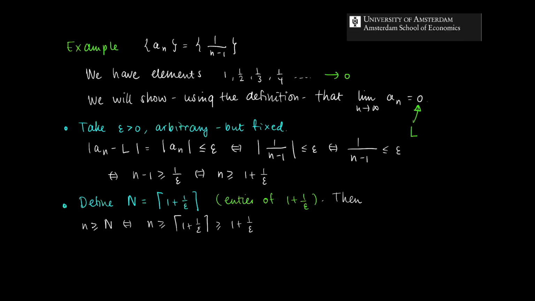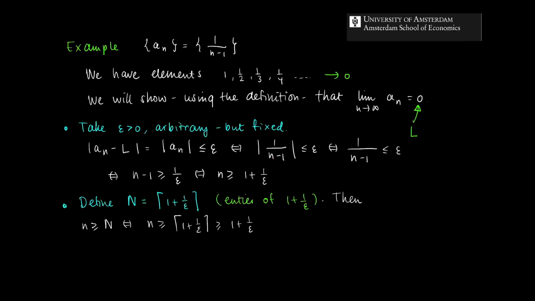Okay, so now we can basically reverse those steps we have here. So n is larger equal than 1 plus 1 over epsilon, and then here n minus 1 is larger equal than 1 over epsilon. That means that this one is smaller than epsilon, etc., etc.